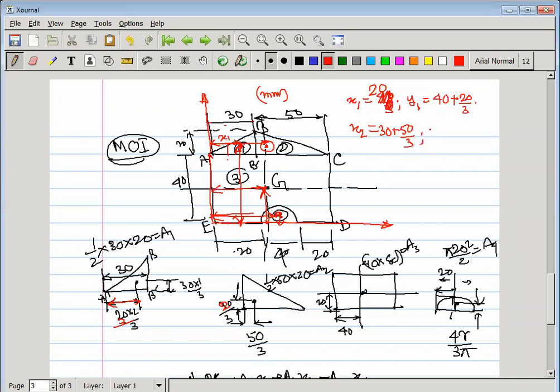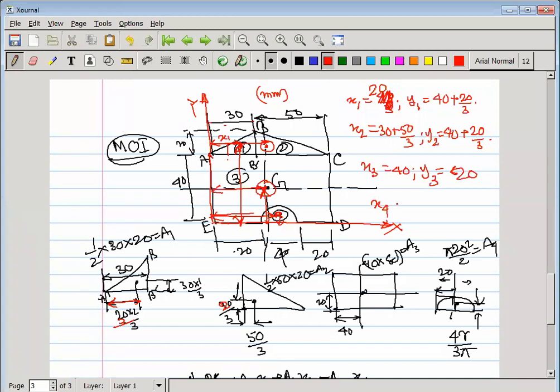Now y2 is the same height, similar to y1. So this is 40 plus 20 by 3. Similarly, x3 is how much? X3, this large rectangle, is along x at a distance of 40, and y3 at a distance from this axis x is also 20, right?